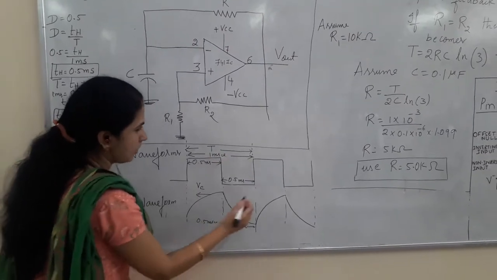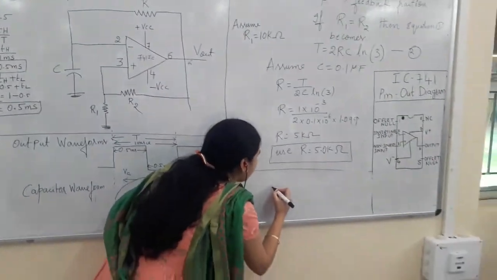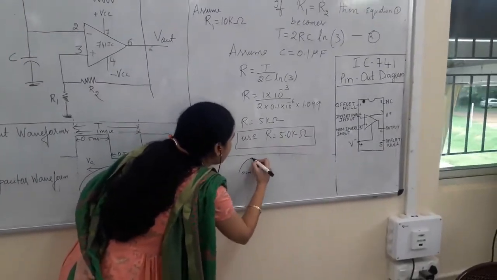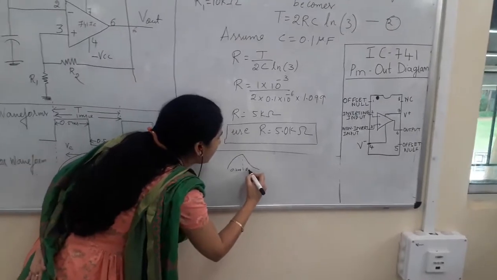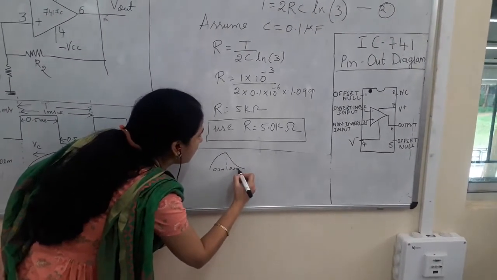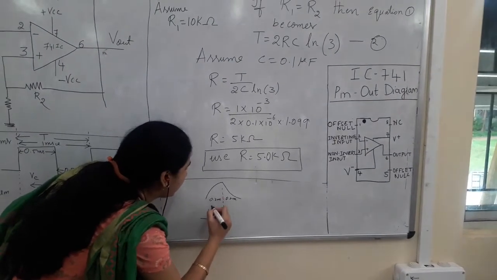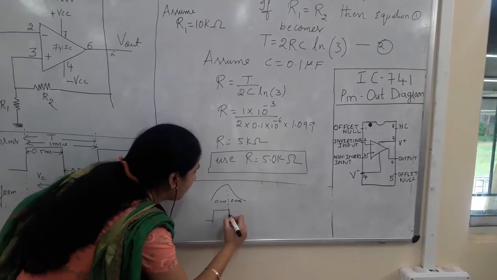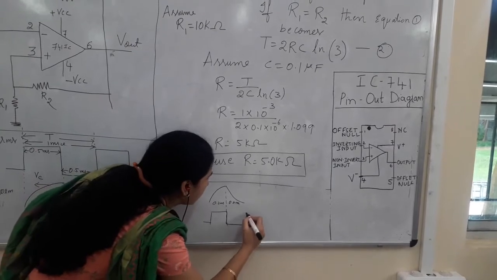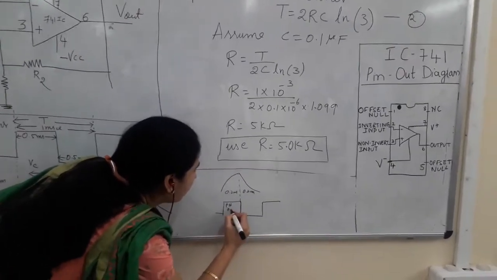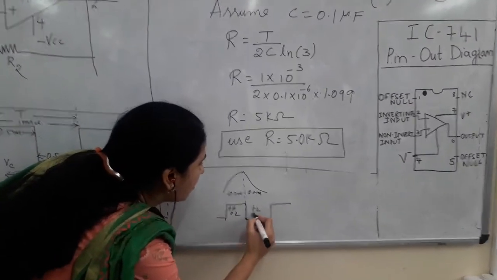Suppose the capacitor charges for only 0.2 millisecond and discharges for only 0.2 millisecond. Whenever it is getting charged, the output will be high, and when it is getting discharged, the output will be low. That is, TH will be 0.2 and TL will be 0.2.